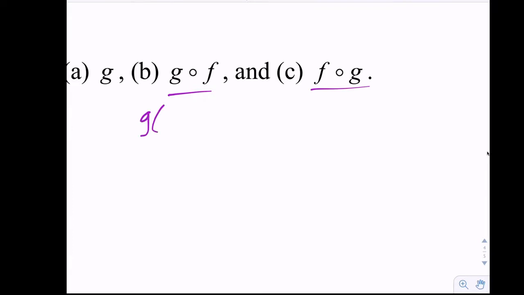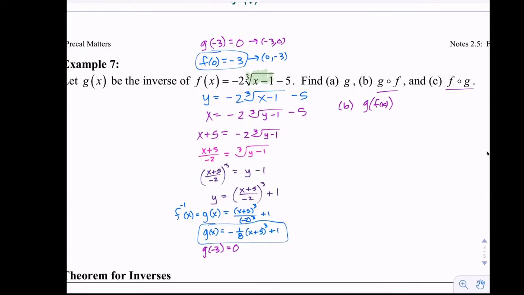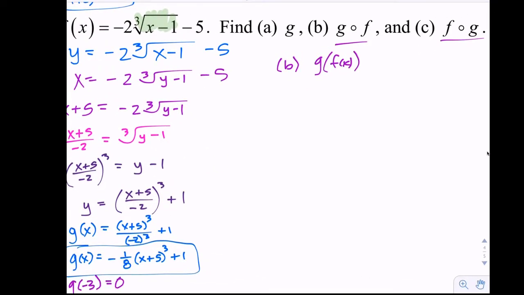That's the same as g of f of x written like this. Yes? And that's kind of easier to understand. So that's the workable format versus the condensed. So we're starting with the outside function g, which we just found. It's going to be negative 1/8, parenthesis, input plus 5, cubed plus 1.